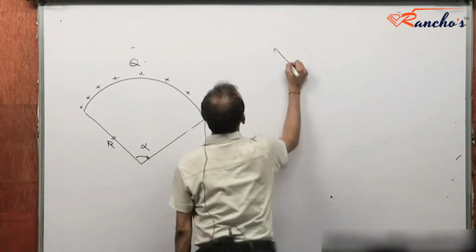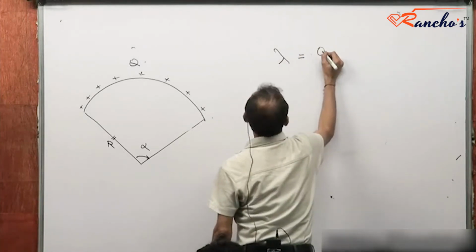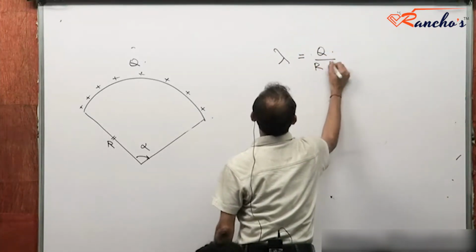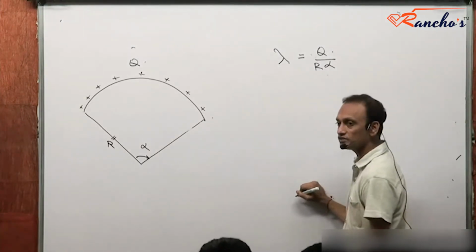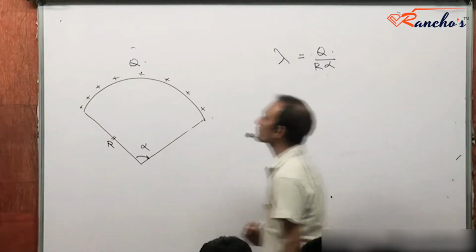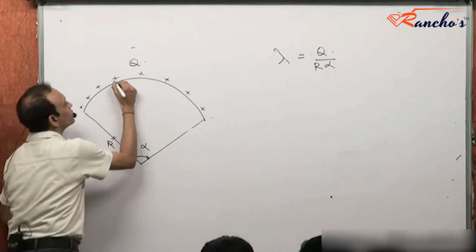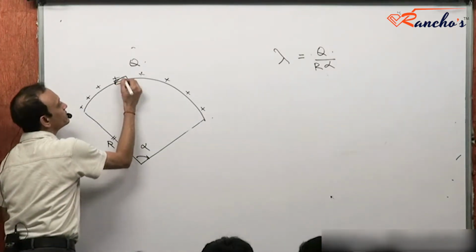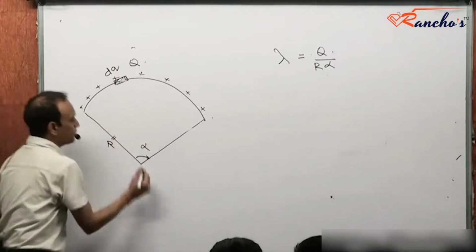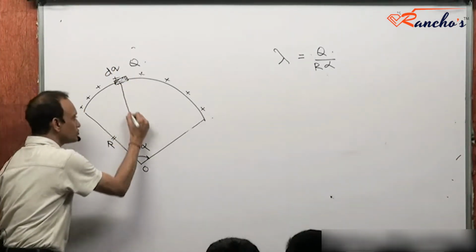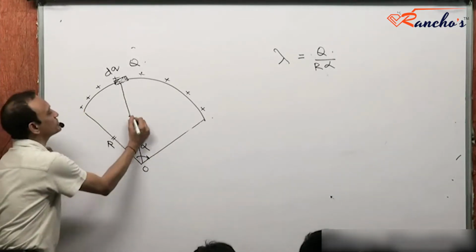Then charge per unit length would be total charge divided by total length, which is q by r alpha, where alpha is in radians and r alpha is the length. Now I take a small element dq of charge here and compute the potential at O because of this dq.